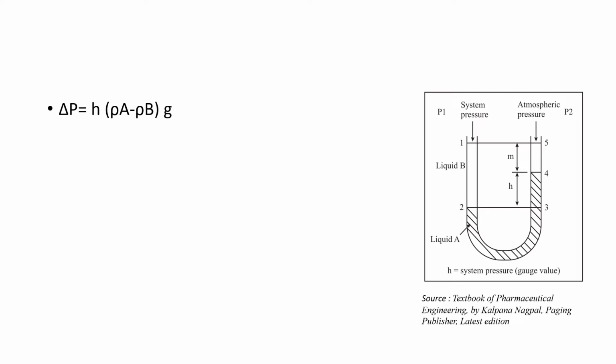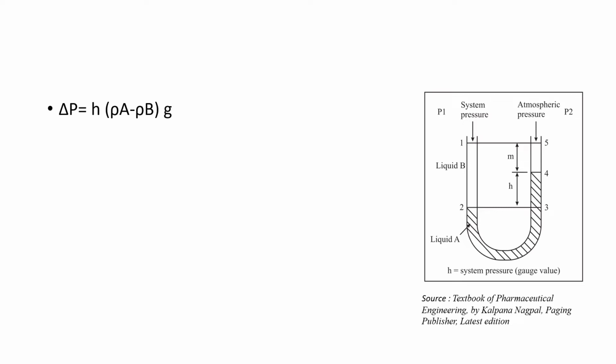Mathematically, this pressure difference is calculated as delta P, that is difference in pressure, is equal to h, that is the difference in height between the two levels of this liquid column, that is left hand side column and right hand side column, times the difference in density of the two liquids or fluids, that is rho A and rho B, times g.